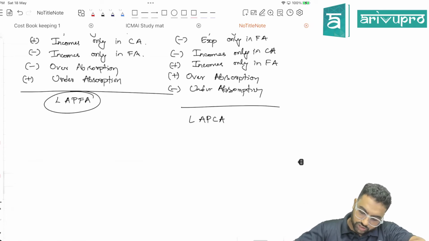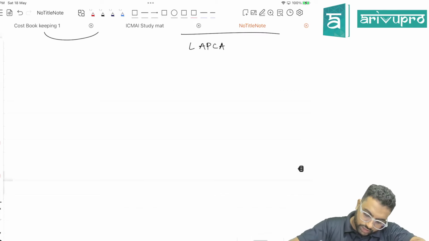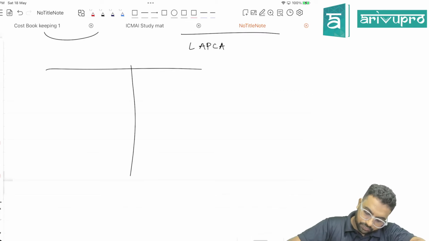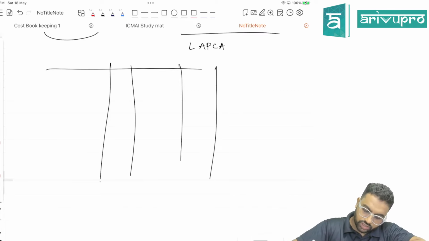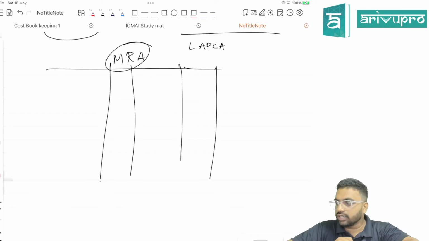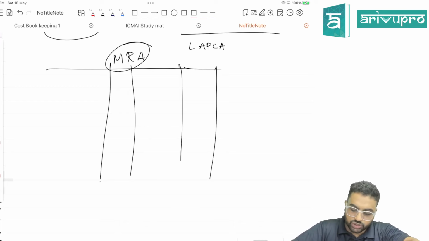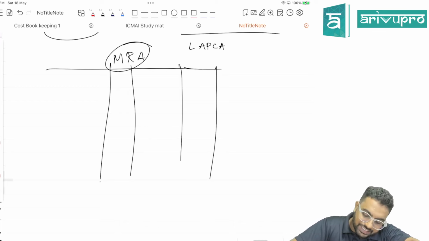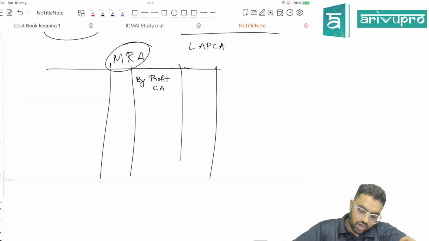Anything else left, sir? A small concept is left. What is that, sir? Memorandum reconciliation account. Instead of showing it in a statement, I will show it in the account format. Let's say profit is there, so I will take by profit as per cost accounts.